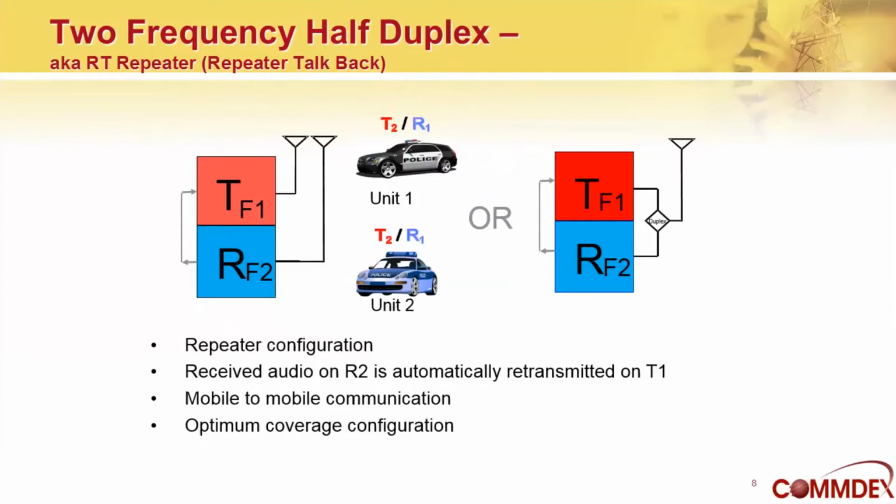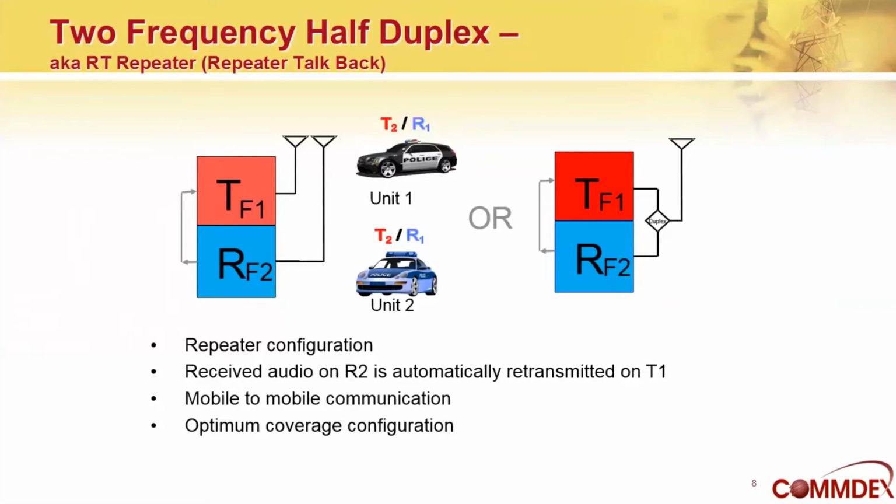So what we do is we take a base station, give it the ability to operate full duplex and automatically retransmit anything it hears, give it a different transmit and receive frequency so that the frequencies don't interfere with each other. And now when the unit talks to the repeater, it goes in on one frequency and the repeater transmits on a different frequency simultaneously.